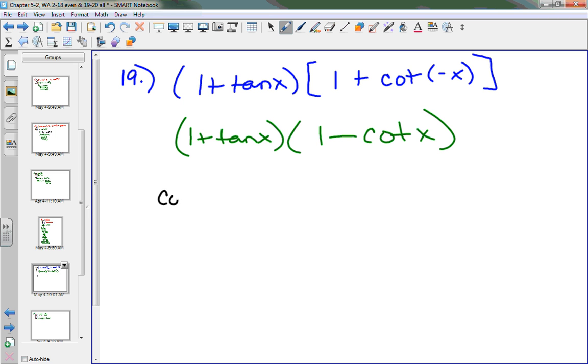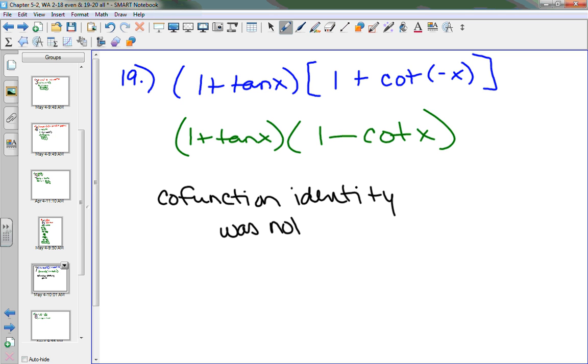The even odd identity was not applied correctly.